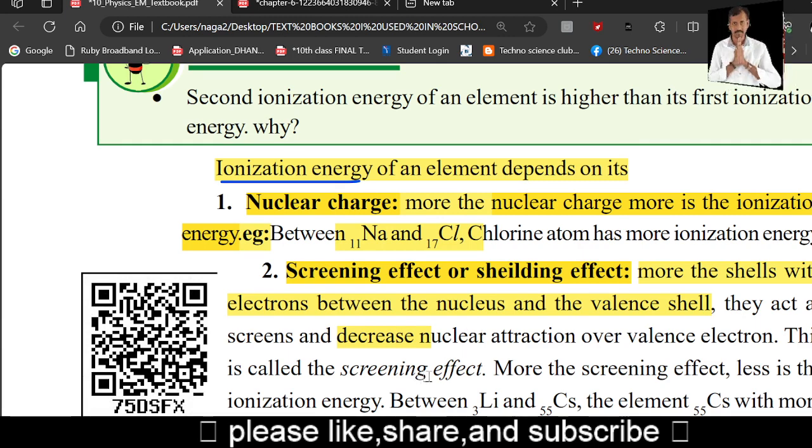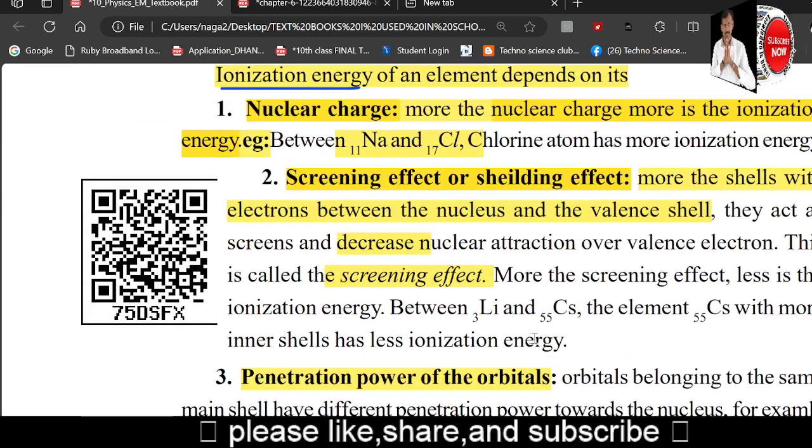So we can remove an electron easily from the outermost shell because of the less attraction between the nucleus and the outermost shell electrons. That is called the screening effect. If the screening effect is more, the ionization energy is less. If the screening effect is less, the ionization energy is more.